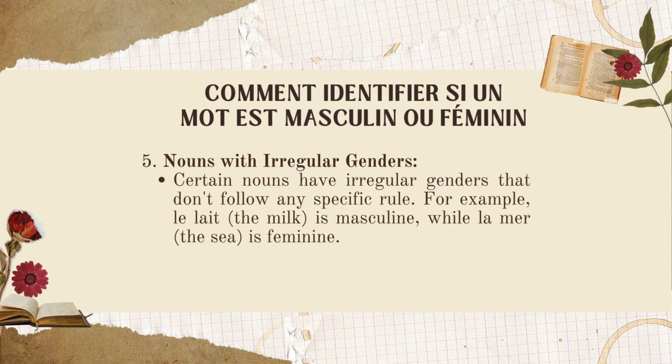That doesn't mean that if they end with e they are feminine, and if they end with a consonant they are masculine. So these are mostly given for natural occurrence. Le lait ends with a consonant, so you can accept it as masculine. But la mer, the sea, is also ending with a consonant, so you have to be careful and learn the exceptions.